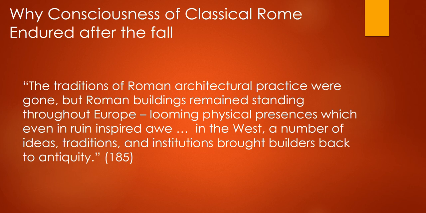You might have been the person that defeated those aliens, right? But you certainly can't replicate their technology. And that's something akin to what we might look at in people of these barbaric tribes settling into Western Europe, looking at these buildings and going, my God, we can't even replicate that.